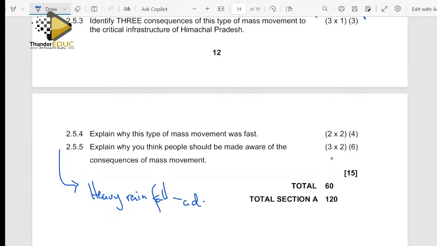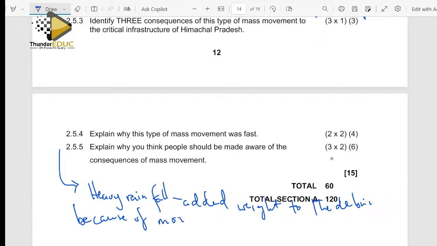It added weight to the moisture. So the heavy rainfall added weight to the debris because of moisture.